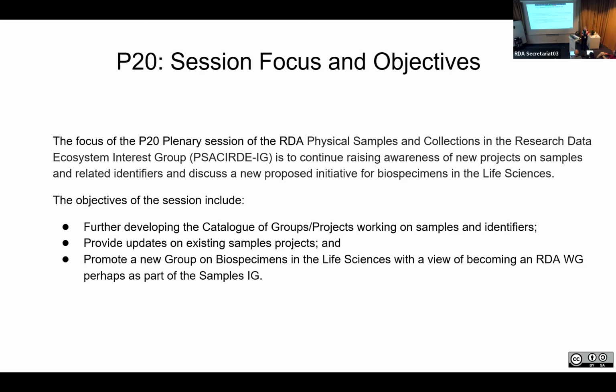And towards the end of this session, we really would like to have a discussion on what's the best way to further support interaction and coordination among all these different activities that are going on, because we're meeting twice a year with this group, but that's not enough to really foster more collaboration across these domains.